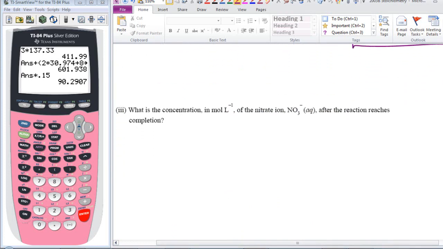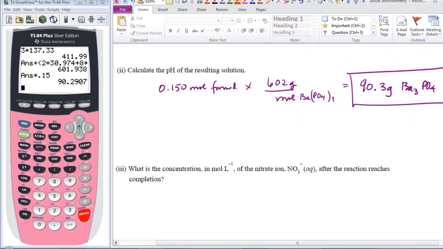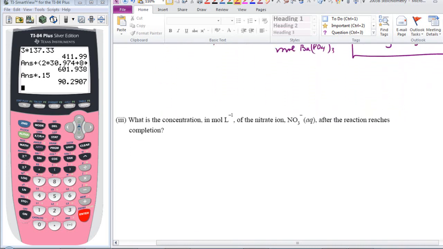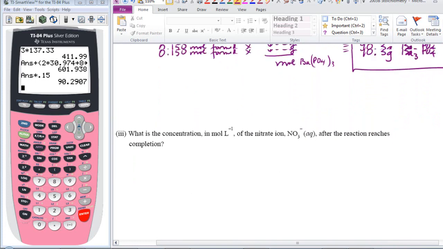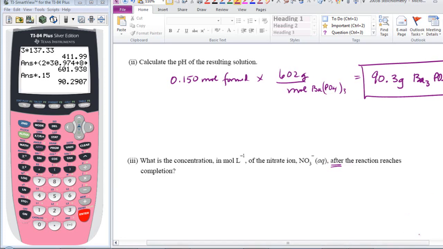All right, so oh, I missed something. No, that was right. So what do I need next? What is the concentration of the nitrate ion after, prepositions are always troublesome, after we reach equilibrium or completion? Well, this is an easy question. Often the easiest question is at the bottom of the question instead of at the top.